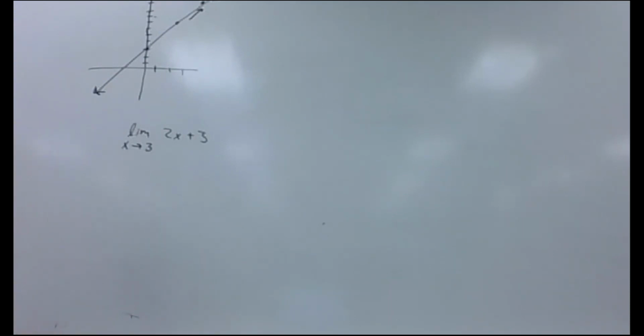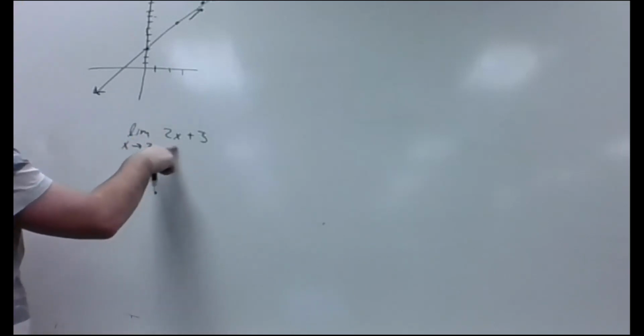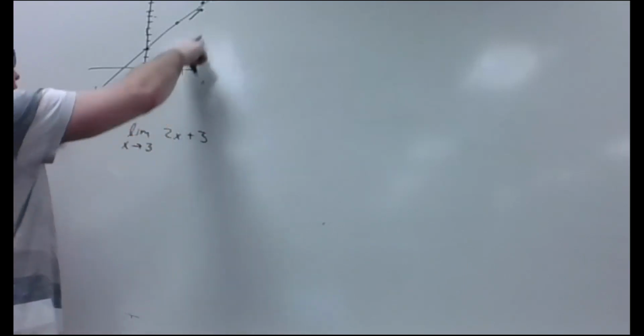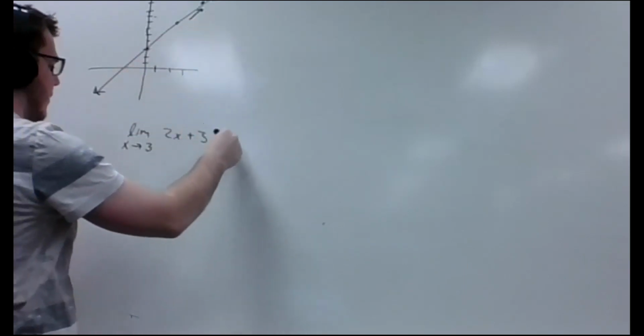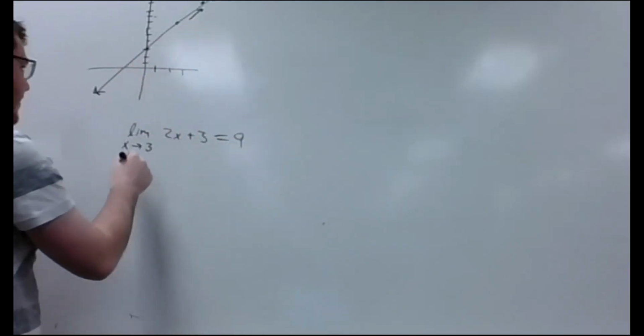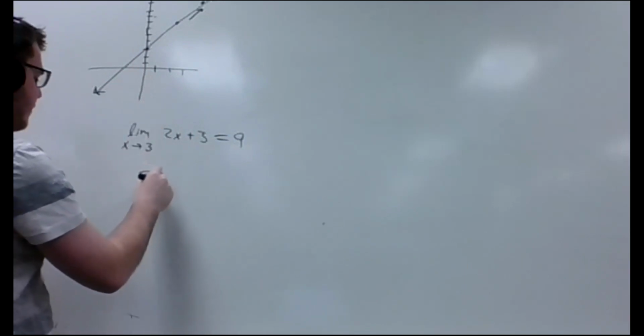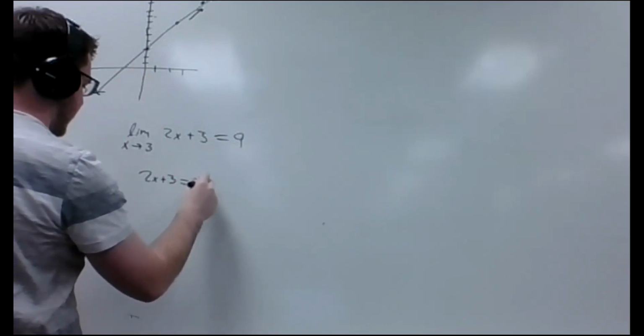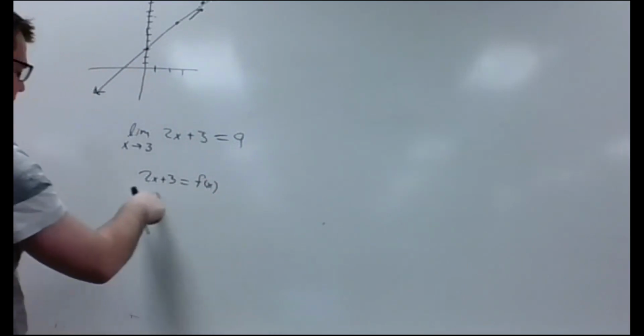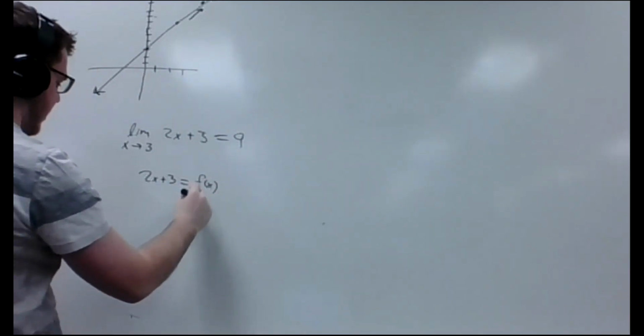It's really simple, and sometimes I think it's easy to overthink it, because the limit as x approaches 3 of this particular one is 9, right? But the value itself: 2x plus 3 is equal to f of x, that's our function. So if we plug 3 into here, we also get 9, right?